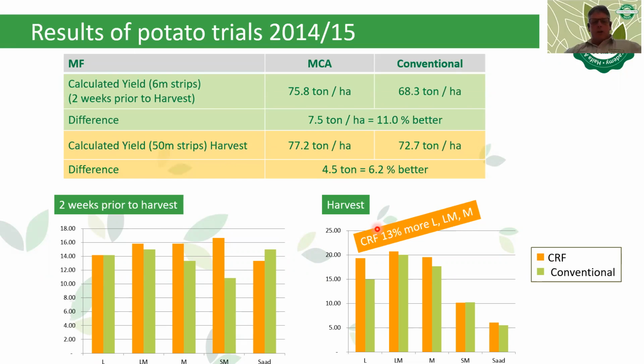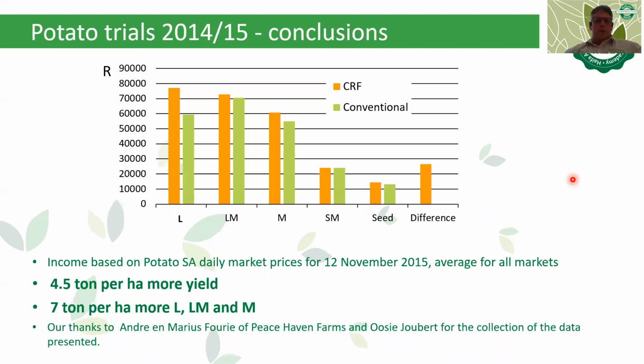But now, if you consider the 13% more large, medium, and mediums, which is your marketable sizes, and you put that into monetary value, you can see we've increased there by basically $1,688, based on the market prices at the time that we did the harvest.